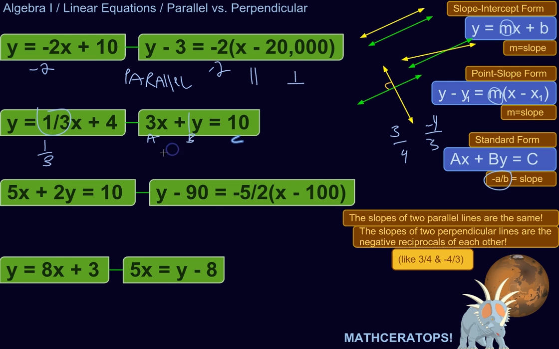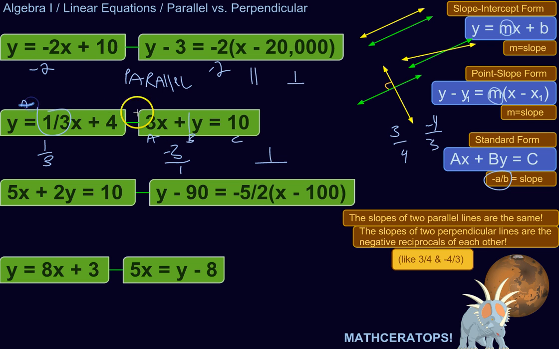So negative 3 over b, which is 1. The slope of this is 1/3. The slope of that is negative 3 over 1. So this one is this one flipped over and made negative. These are negative reciprocals of each other.